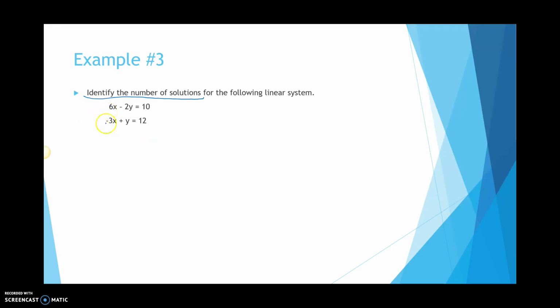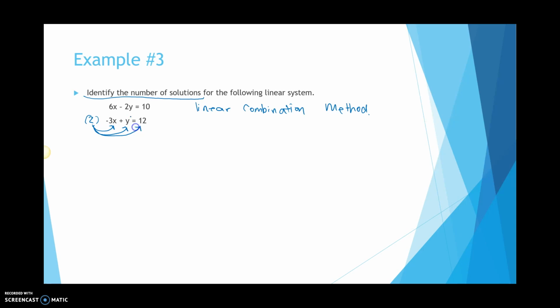I'm going to solve using the linear combination method. With that, my x's are lined up, my y's are lined up, and my numbers are lined up. I'm going to cancel out the x's, so I'm going to multiply my bottom equation by 2 so that I get a negative 6x.